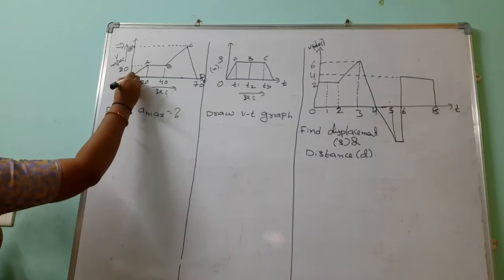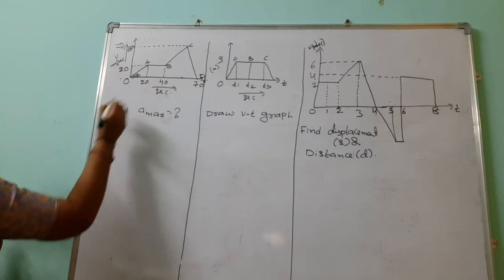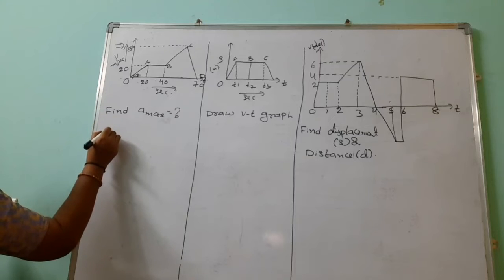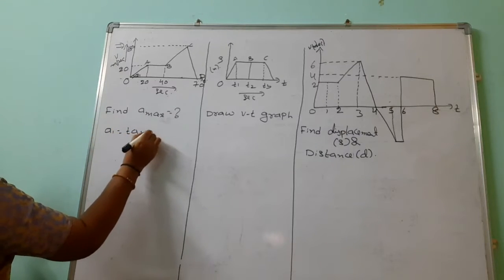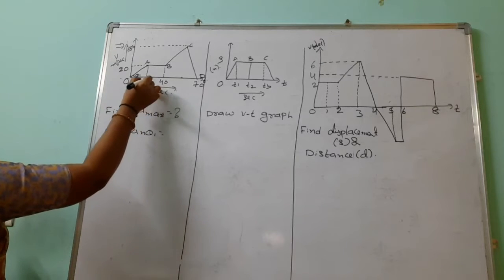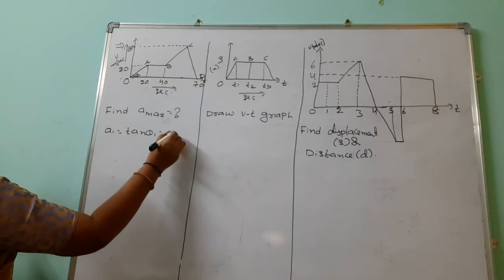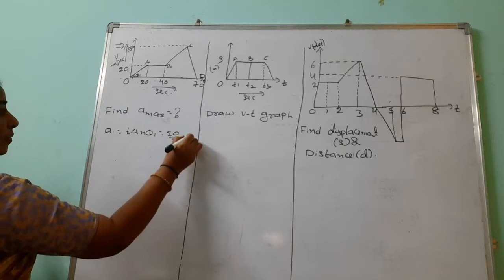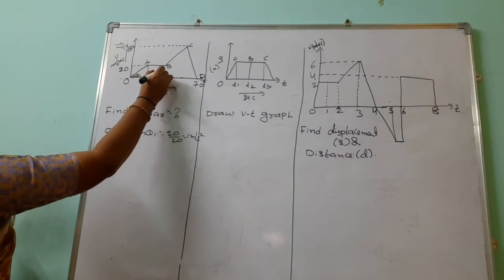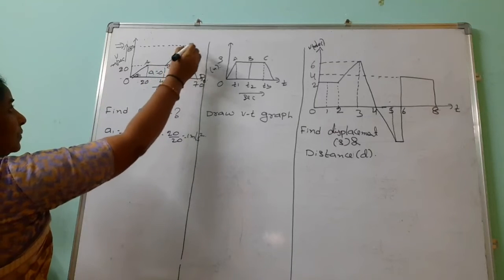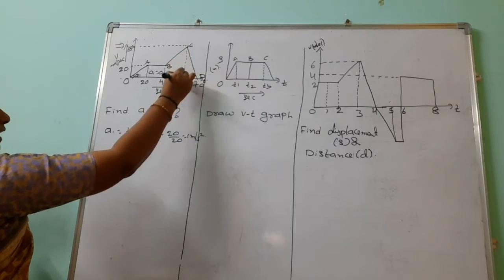First we take theta 1. So for OA, we take A1 equals tan theta 1, opposite by adjacent, 20 by 20. You get 1 meter per second square. Here for A to B acceleration is 0. Then for B to C, we take one line here.